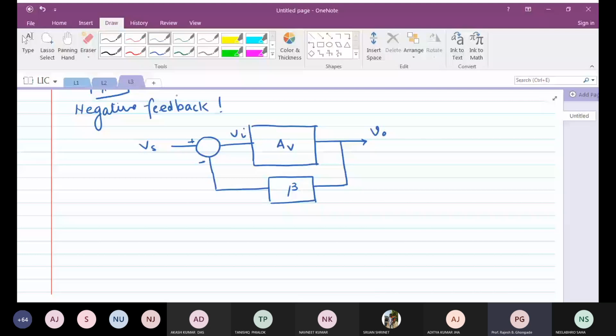Okay, so let us derive the output equation for the output voltage. First of all, you have VO, which is given as AV into, yes, anyone? Here it was VO itself, and we are feeding some part of it. So what will we have here at the output? Beta times VO. We are feeding a small part of the output back to the input of the amplifier. So what do we get at the output?